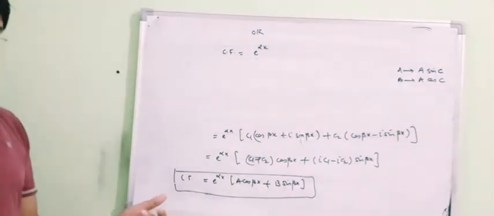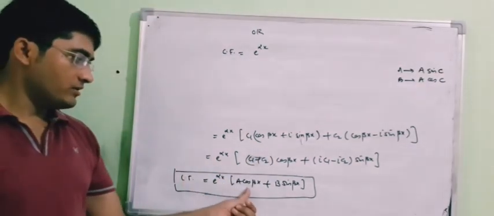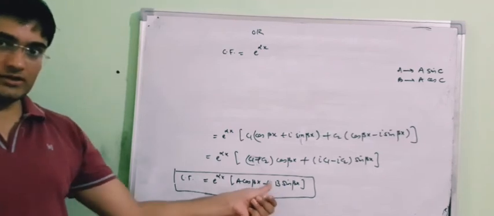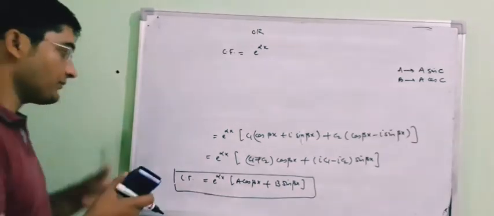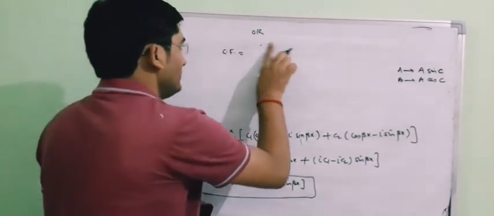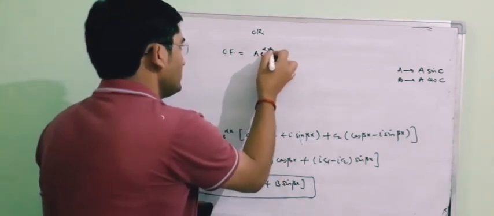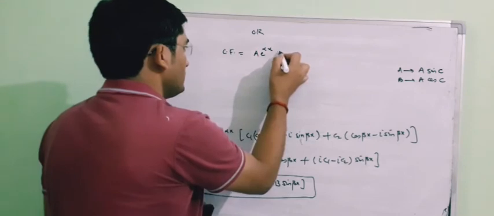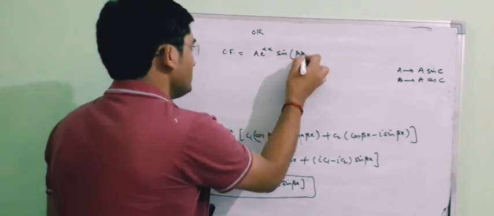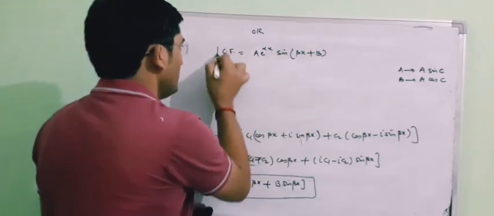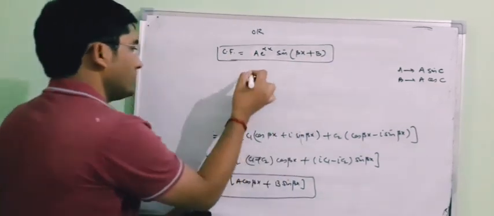Taking the constant common, in the bracket we will have sin a cos b plus cos a sin b, that means sin of a plus b. So in this case your solution will be A e to the power alpha x sin of beta x plus another constant, say B. This is also your CF.